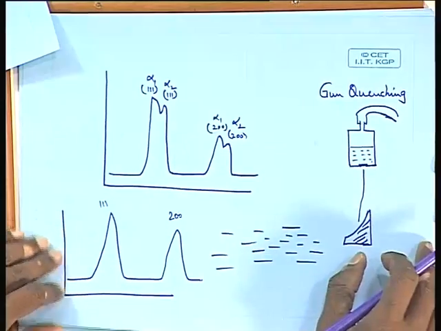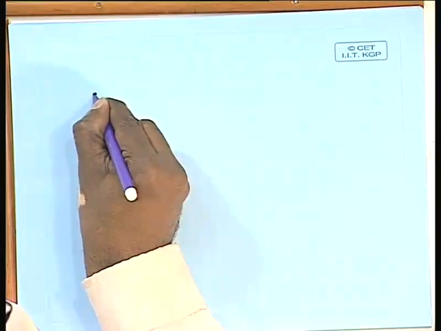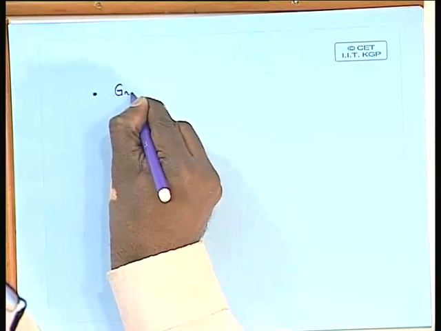And why does this whole thing happen? This happens because of two aspects. One is what is called grain refinement.